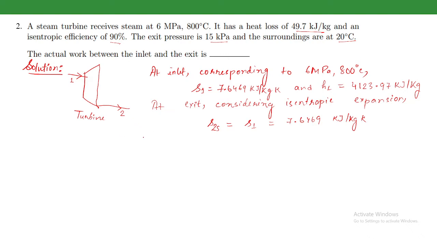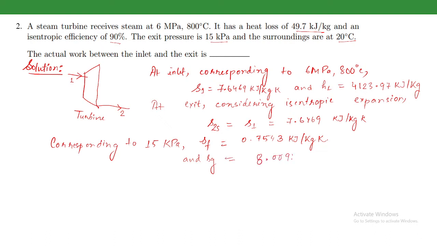Now corresponding to 15 kilopascal, Sf is equal to 0.7543 kilojoule per kg Kelvin, and Sg is equal to 8.0091 kilojoule per kg Kelvin.